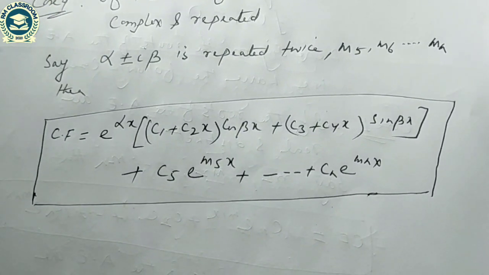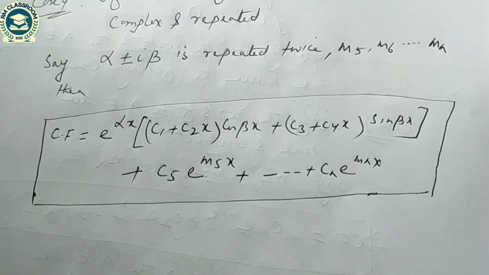So I have discussed 4 cases. The first case: if the roots of the auxiliary equation are real and distinct, say m1, m2, m3, up to mn, then the complementary function is c1 e to the power m1x plus c2 e to the power m2x plus so on and so forth cn e to the power mnx.